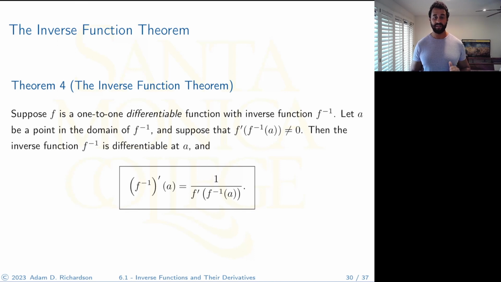Then what we know is that the inverse function f inverse will be differentiable at A, and we have a formula for the value of the derivative of the inverse at A. In other words, the derivative of f inverse at A is equal to 1 over f prime of f inverse of A.